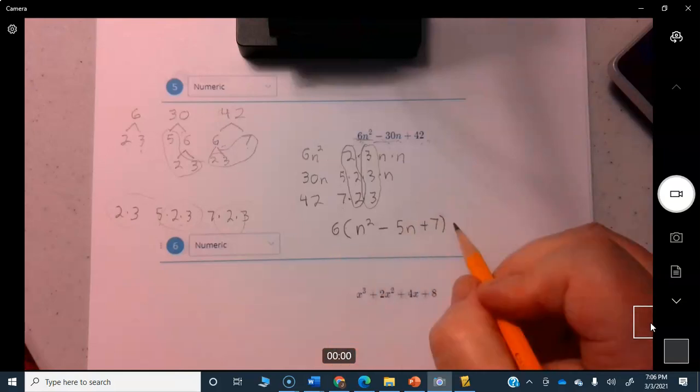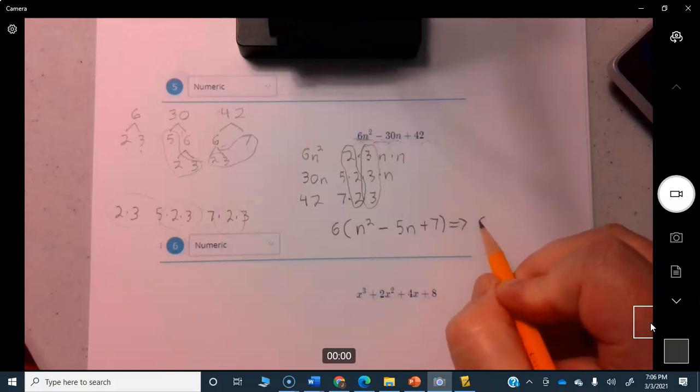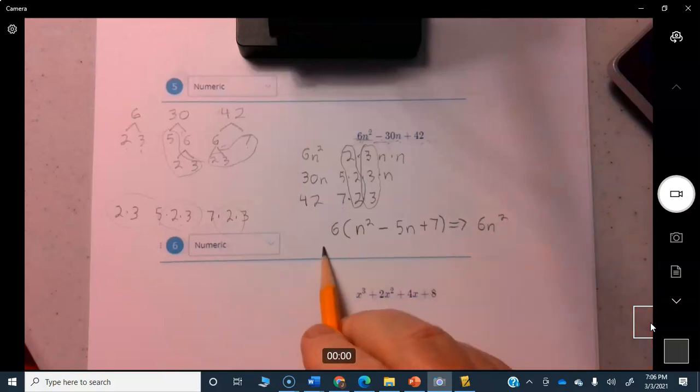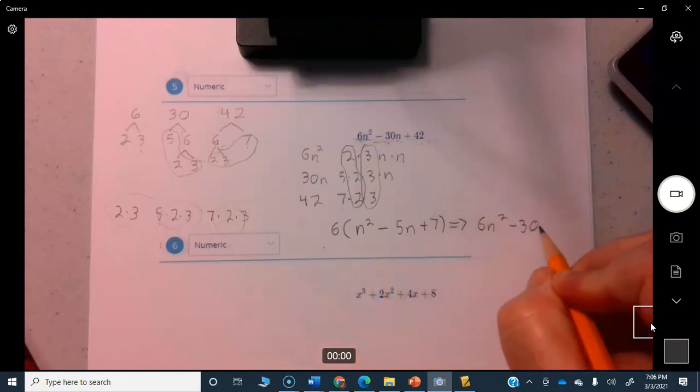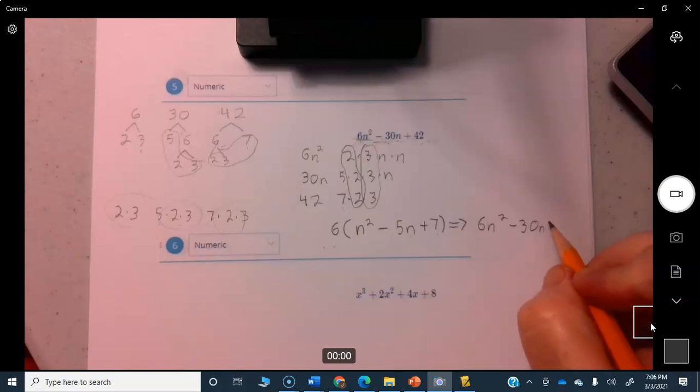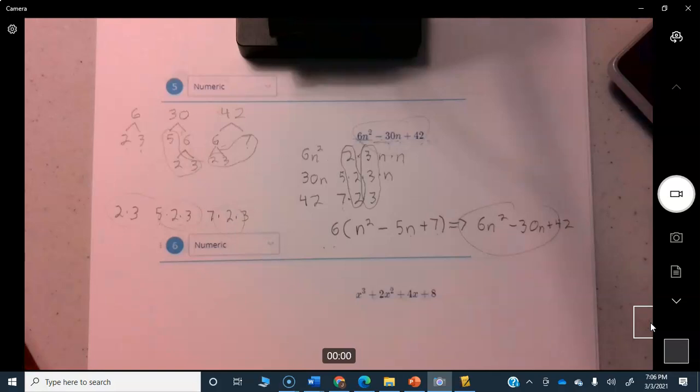So 6 times n squared, we're going to check our work, is 6n squared. 6 times negative 5 is negative 30n. And 6 times 7 is 42. Okay, and that's the equation that you started off with, so that's the answer.